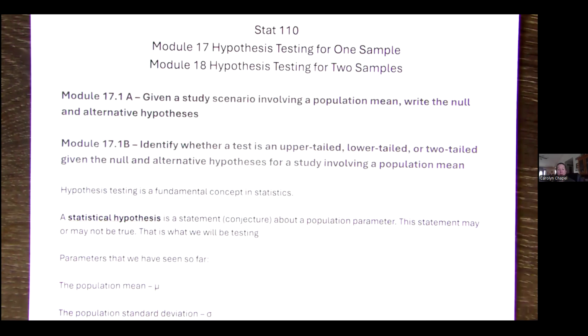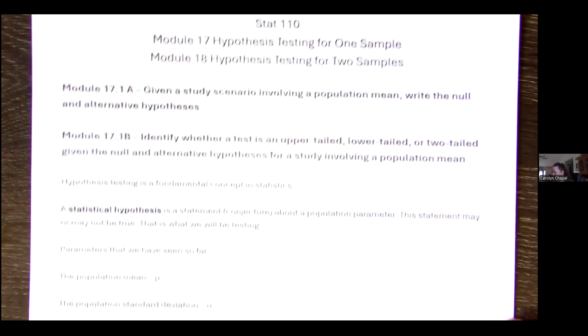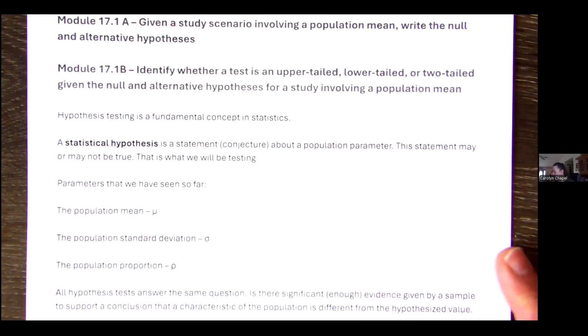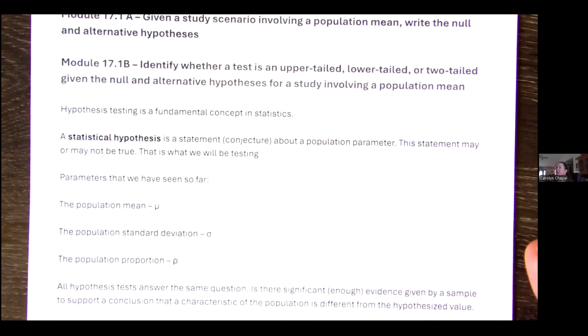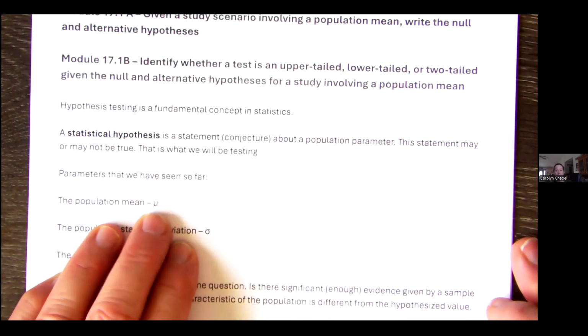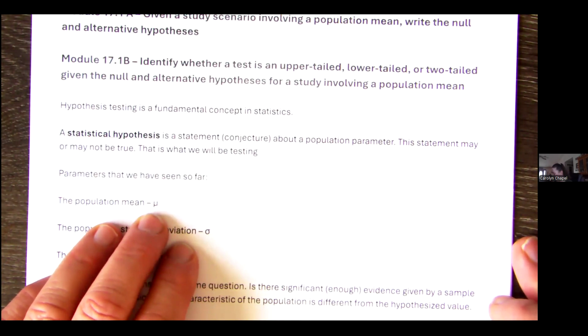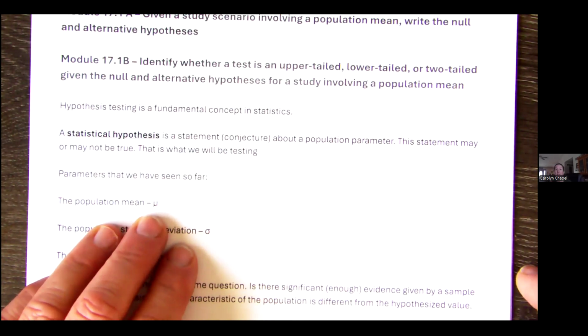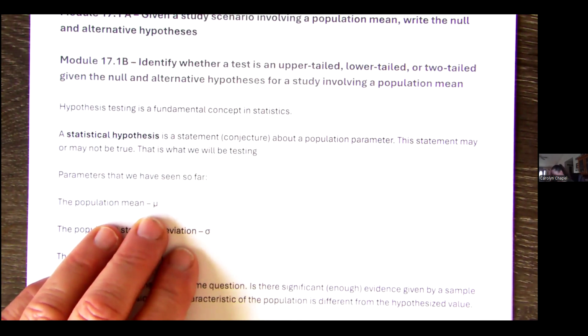Okay, so first of all, when we do hypotheses testing, what they're going to be looking at is whether or not a parameter has increased or decreased or changed. Some of the parameters that we have seen so far: we've talked about the population mean, calculating probabilities based on it, looking at the sample means, and finding confidence intervals for this mean.